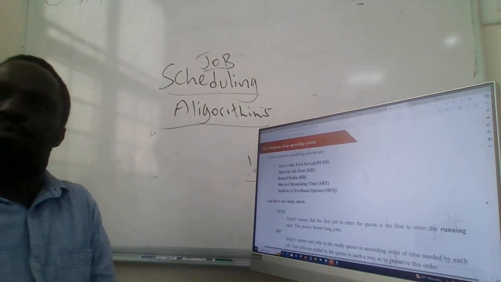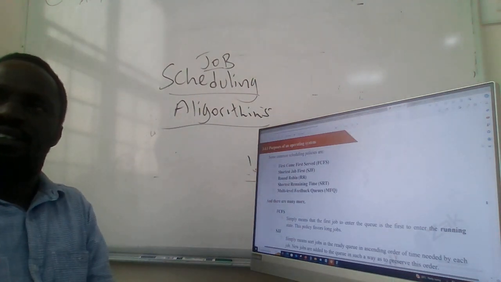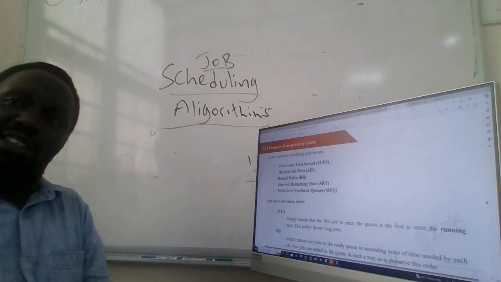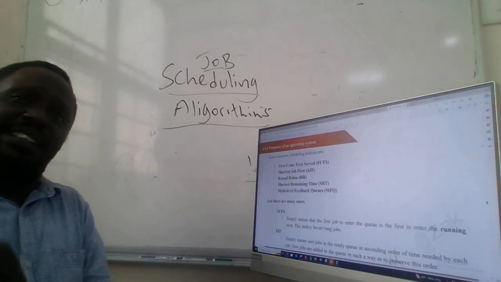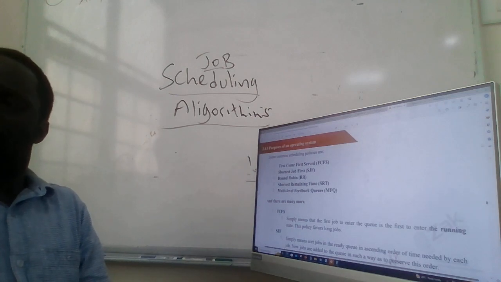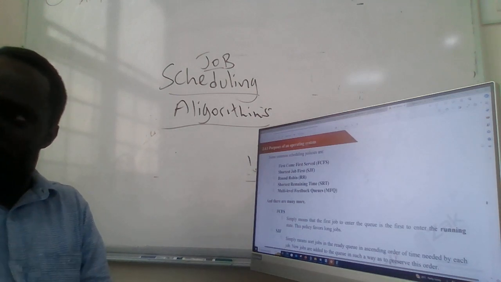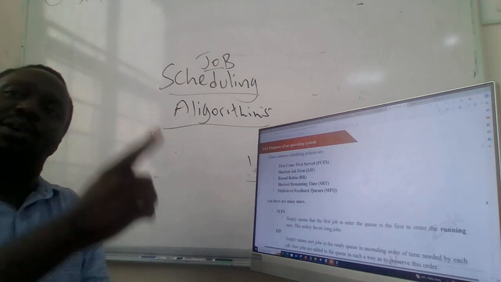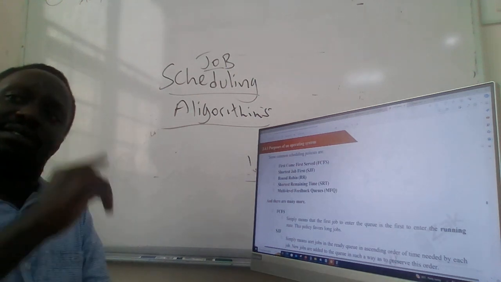Which one is preemptive? Round robin is preemptive. Why? Because once the time it has been given to use the processor is over, and it has not finished, it is forced to leave the processor.